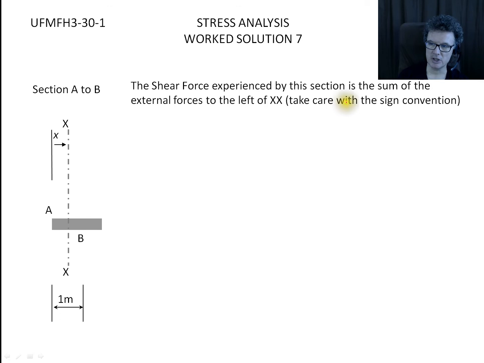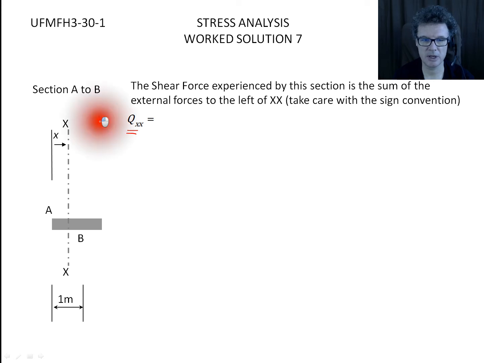We're going to use the UE sign convention for defining if the value of force is positive or negative: if it's going up it's positive, and if it's going down it's negative. For the shear force we're going to use the symbol Q. Note that a lot of other textbooks and MD Solids use the symbol V for shear. So what can I see left of me? Nothing. So the answer is going to be 0 kilonewtons.